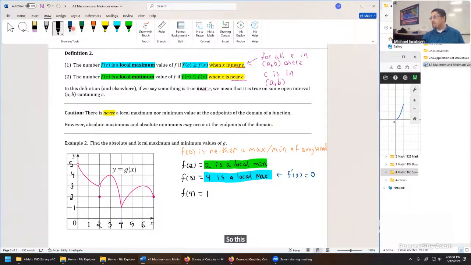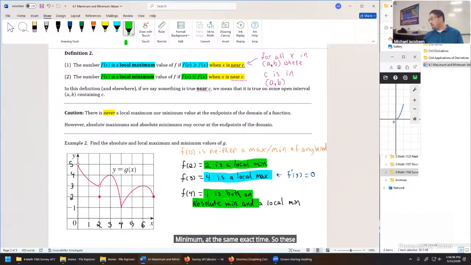So this one is both an absolute minimum and a local minimum at the same exact time.